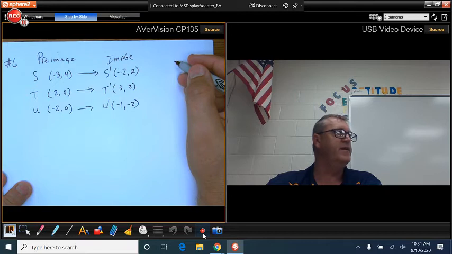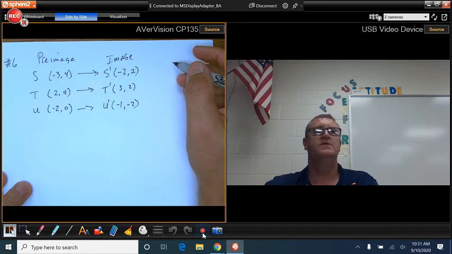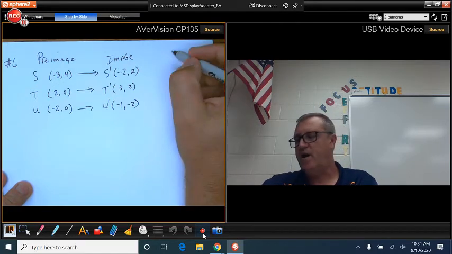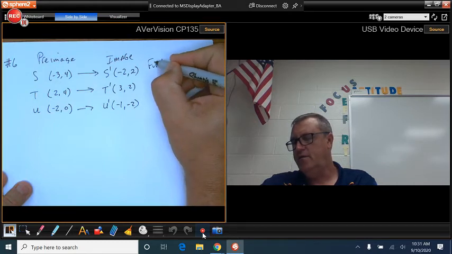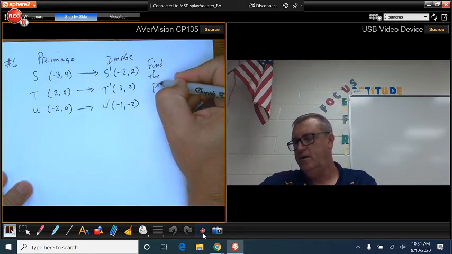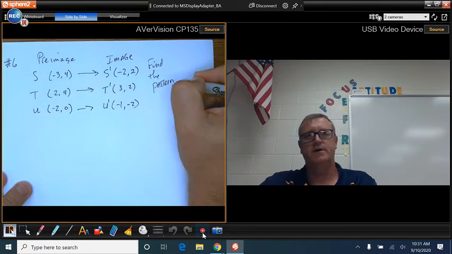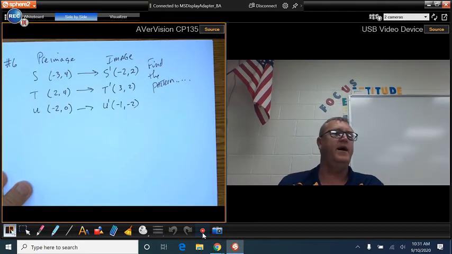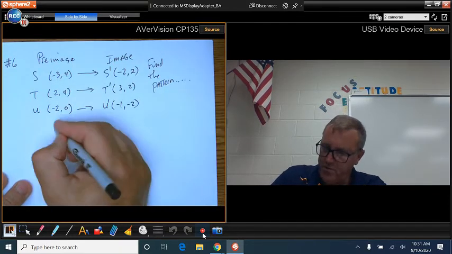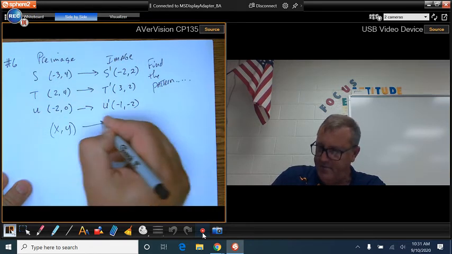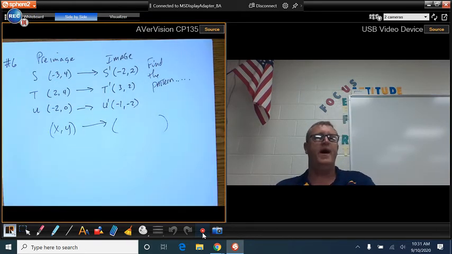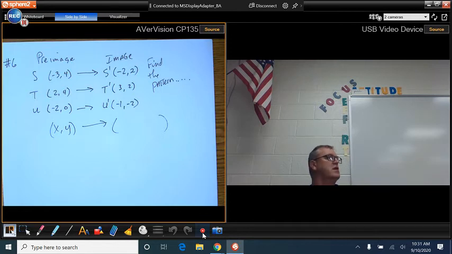Okay. What's our first thing? What am I getting ready to write down? What have we done in the last 2 problems? Find the pattern. Okay, so if our rule is x, y map to, what do you guys see as the pattern for the x's? Look closely. How are the x's related?